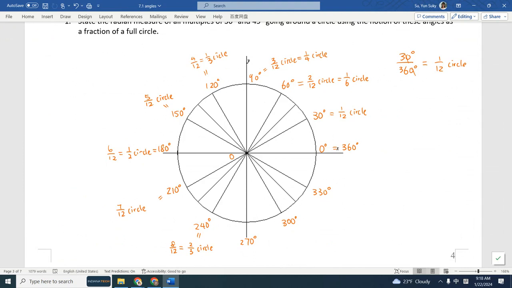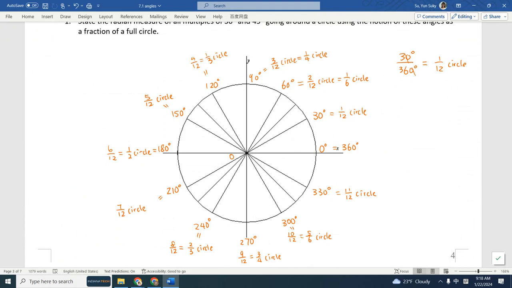Next one, 9/12, which is 3/4 of the circle. Keep going. Next one, 10/12, which is 5/6, yes, 5/6 of a circle. Next one, 11/12 of a circle.